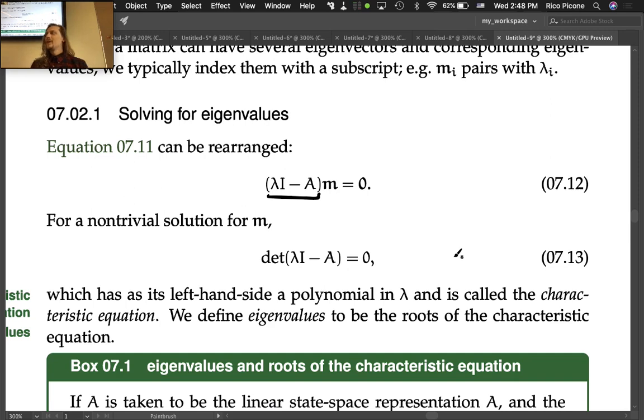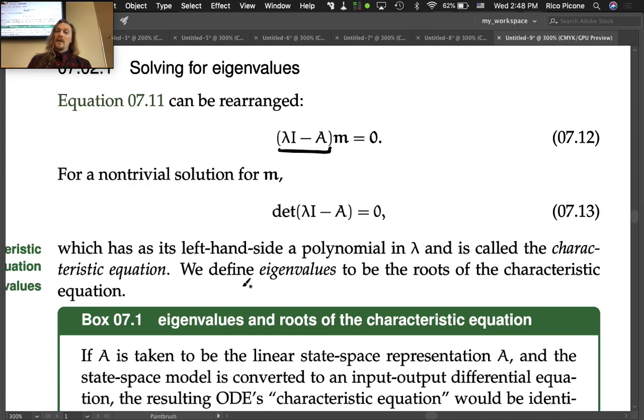The homogeneous solution requires a characteristic equation. And the roots of that characteristic equation were very important. We define eigenvalues to be the roots of the characteristic equation. So we're doubling up on the term characteristic equation, and we're doubling up on roots of the characteristic equation. We're calling them eigenvalues now.